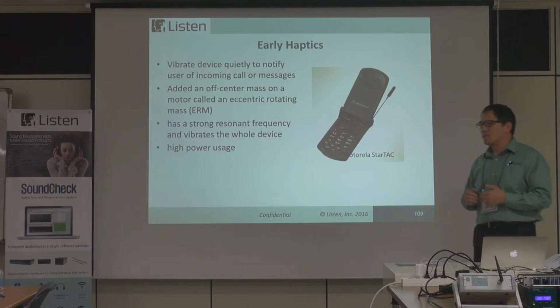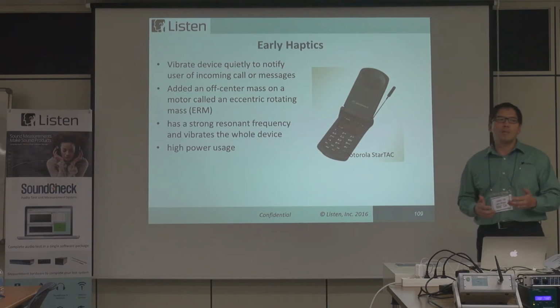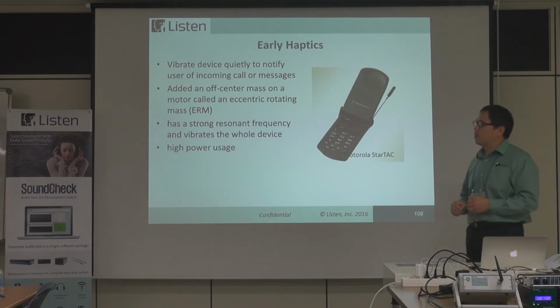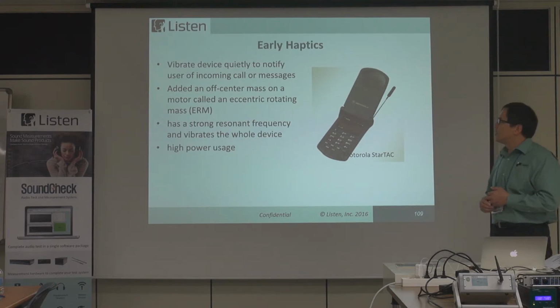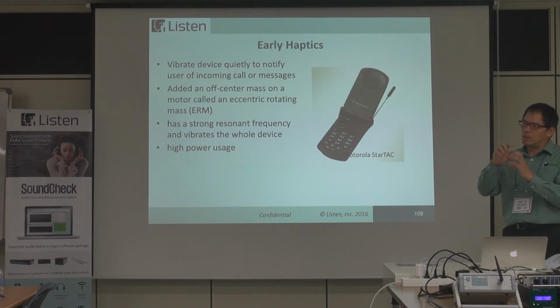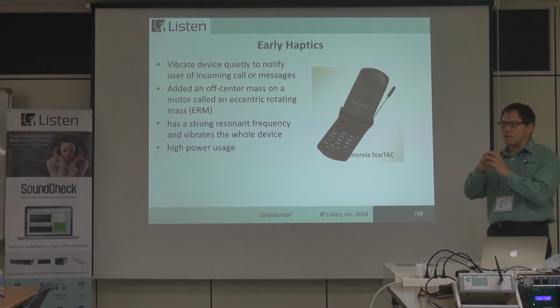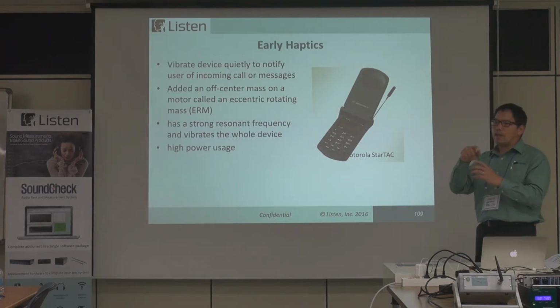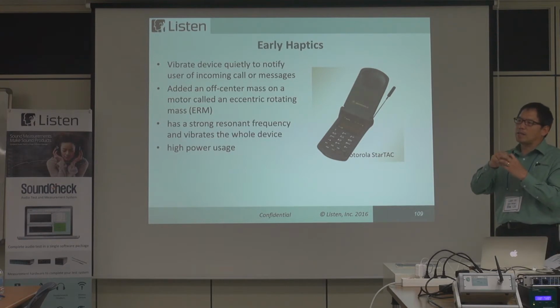And when they tell you there's a message or a phone call coming in without making a lot of sound, it actually has what they call an ERM, an eccentric rotating mass. It's basically a DC motor attached to a small mass that is eccentric. So it's not a complete circular cylindrical mass. It actually has a notch in it. So it's off balance. And when that DC motor spins with the mass attached to the end, it shakes.